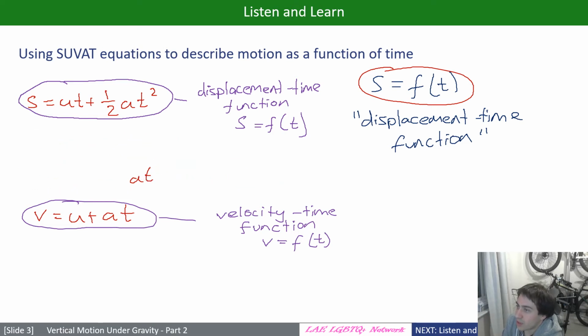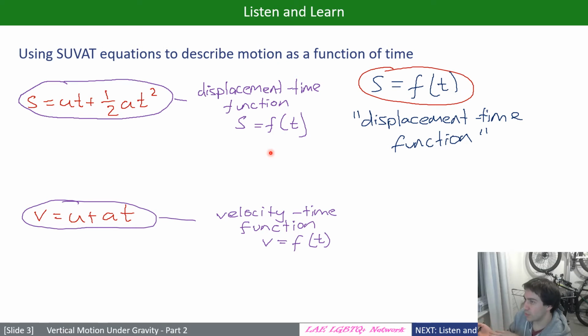If you're going to draw a velocity time graph or displacement time graph, use these two appropriately. And as we'll see in a moment, even if you're not interested in drawing the graph, if you just want to understand the motion of a particle, particularly the displacement, create this function for the object, and you'll be able to see, like, oh, at this time it's at this position, and at this time it's at this position.